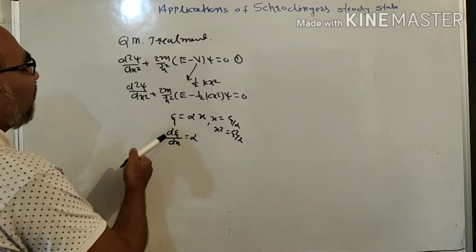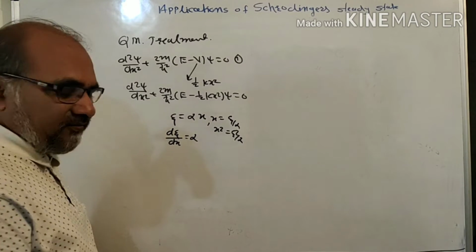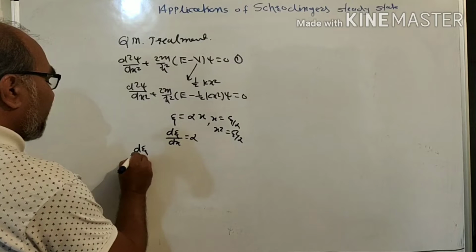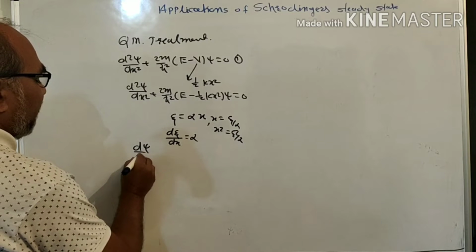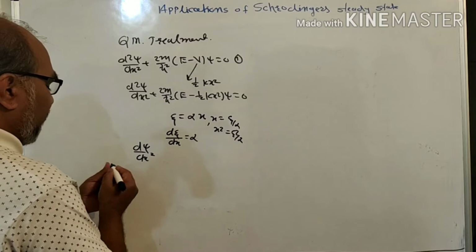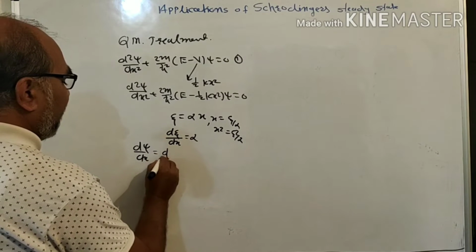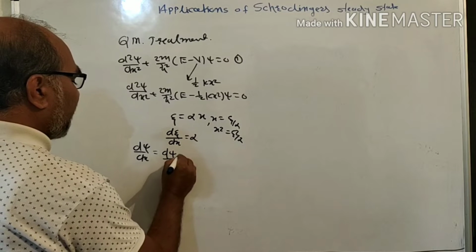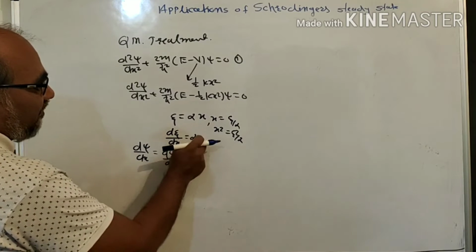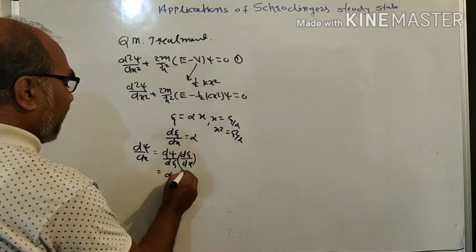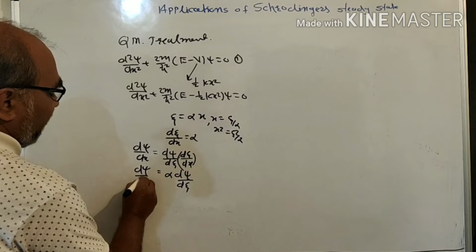Now we are going to find the value of d²ψ/dx² in terms of the ζ function. dψ/dx = dψ/dζ times dζ/dx. This dζ/dx is nothing but α, and therefore dψ/dx = α dψ/dζ.